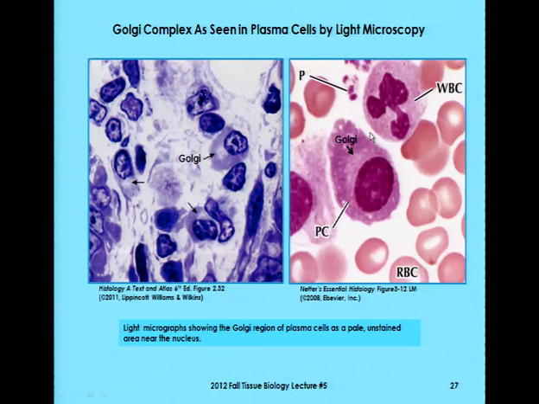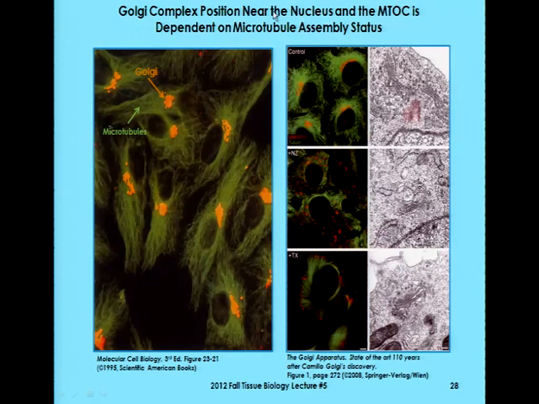Here's a higher resolution micrograph of a plasma cell showing the Golgi near the nucleus, not staining like we would find with the rough ER staining in the rest of the cytoplasm. The Golgi complex position that we see in this micrograph, where it's situated always near the nucleus, is dependent on the assembly status of the microtubules.